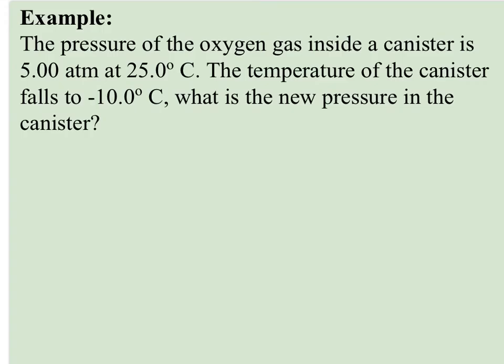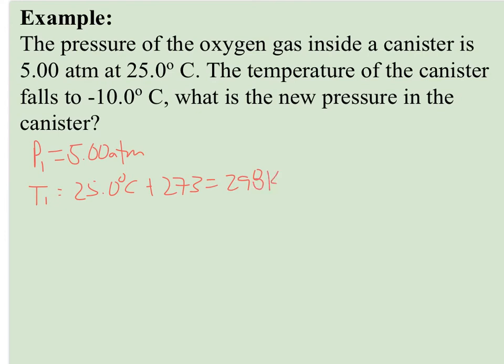So if we look at an example of this law, the pressure of oxygen gas inside a canister, so P1 is 5 atmospheres. And the 0.00 isn't so important. It just lets us know what our sig figs are for rounding at the end. At 25 degrees, that's Celsius, so right away I'm going to add the 273 on so I don't forget to.